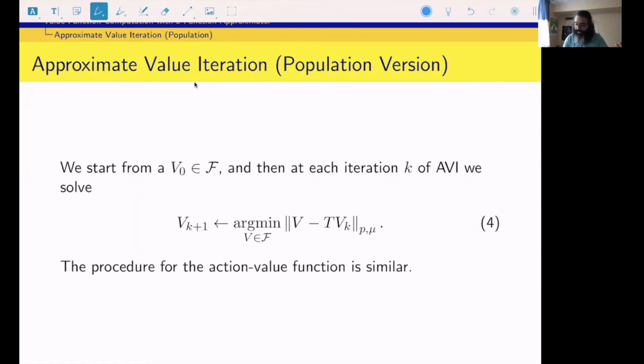So what we have here is we find Vk plus 1 by minimizing over our function space F, a value function that is closest to T Vk in the sense of Lp norm, which is weighted according to some distribution mu.